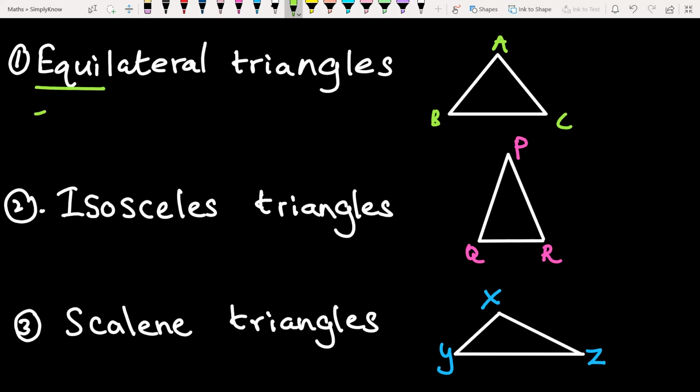Equi means equal. Lateral means side. So this triangle has equal sides. We can use dashes like this to show the sides are equal.